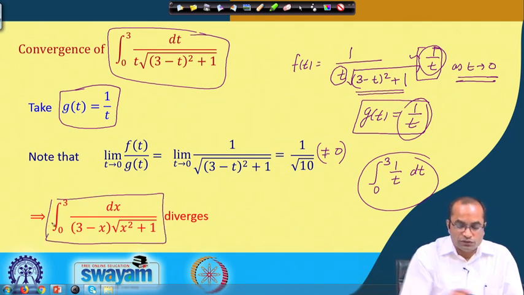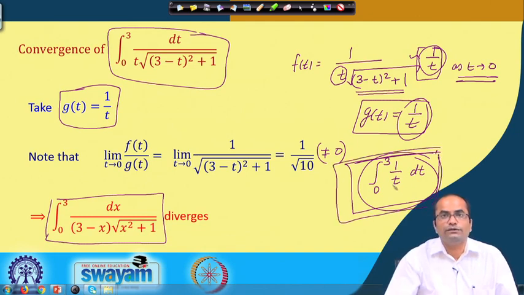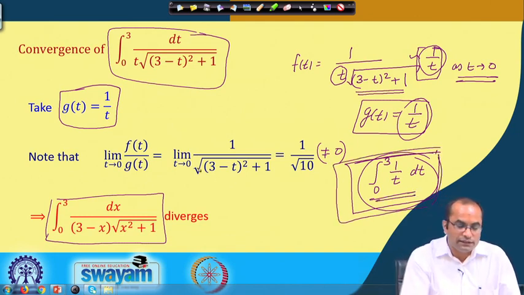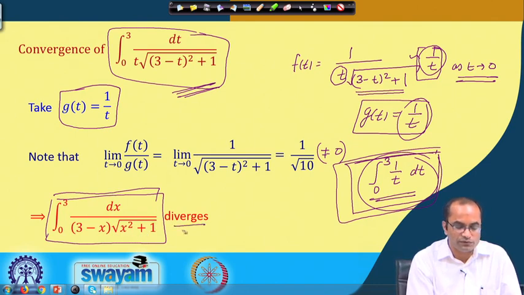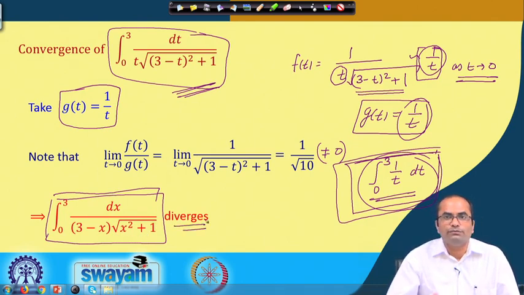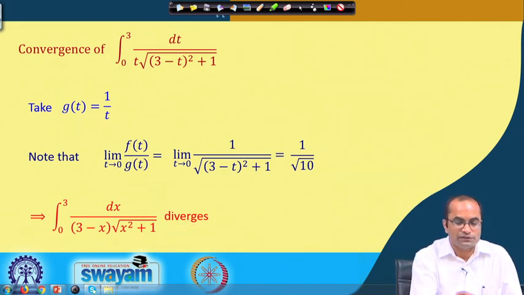Since the integral of 1 over t, with which we are comparing, diverges, this integral will also diverge, and naturally the given integral dx over (3 minus x) times the square root of x square plus 1 will also diverge. So by this simple comparison test, we can tell without explicitly computing the value of the integral that it diverges.